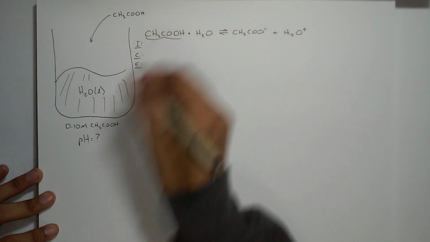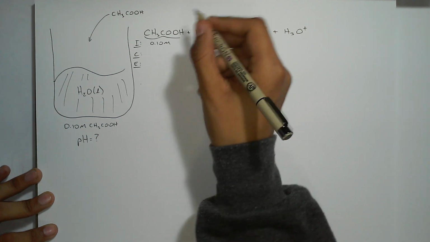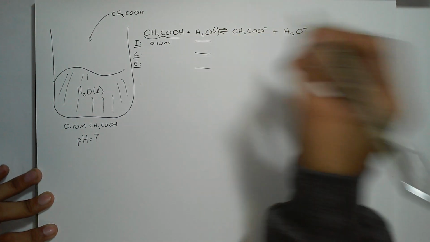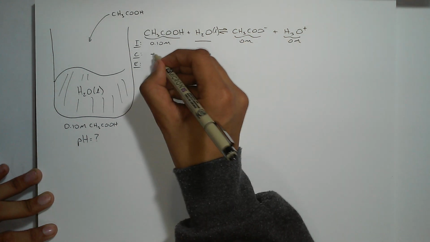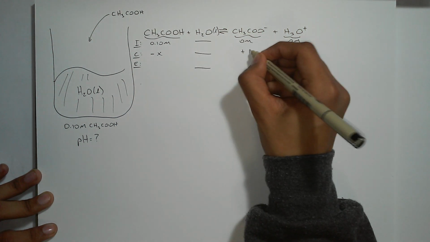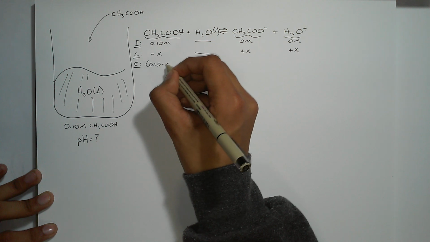It's very easy. Initially, I have a concentration of 0.10 molar acetic acid. You guys know that H2O liquids do not show up in equilibrium constants. 0 molar, 0 molar. The reaction is, of course, going to shift in the forward direction, minus x, plus x, plus x at equilibrium.